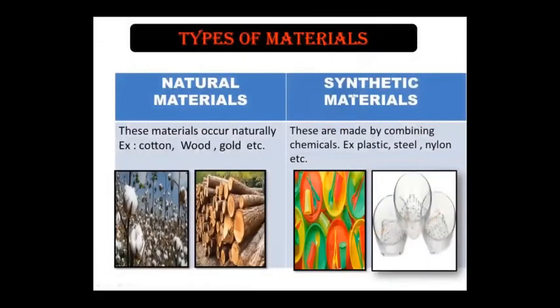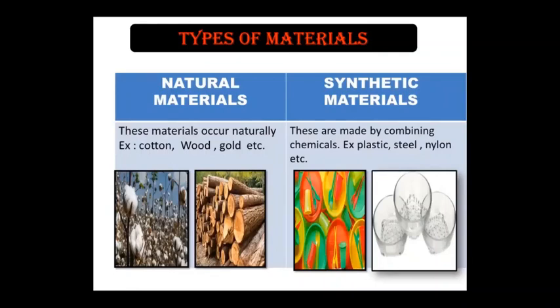Materials are of two types: natural material and synthetic material. Natural materials. Materials that occur naturally are called natural materials. For example, cotton, wood, metals like gold, silver, we get it from nature. So these materials are called natural materials.